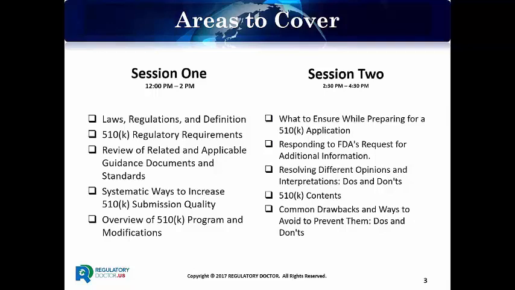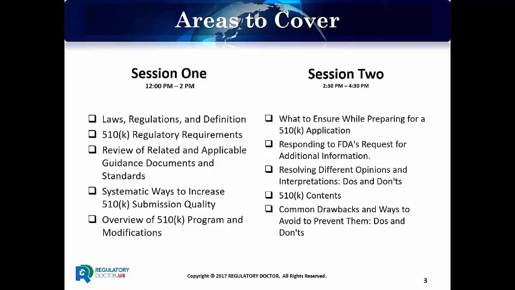And then, what is a systematic way to improve 510K preparations? When we understand the legal basis, or statutory basis, of 510K and the regulatory requirements, then putting it together to meet those requirements becomes much easier.